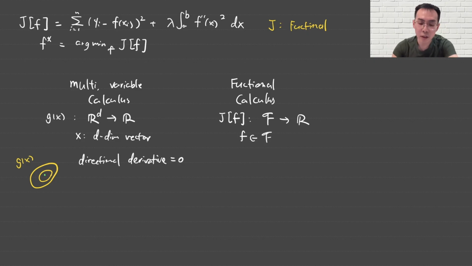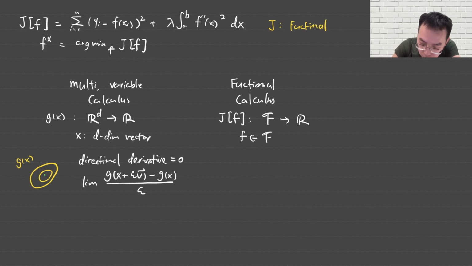To translate this into algebra, we can write it this way. That means the limit of g of x plus epsilon v minus g of x, divided by epsilon, equals 0, as epsilon goes to 0.